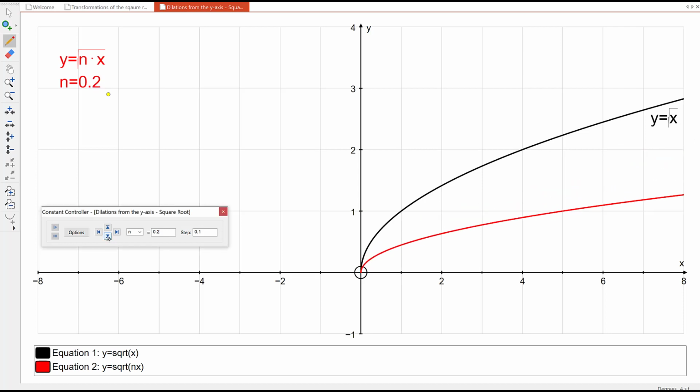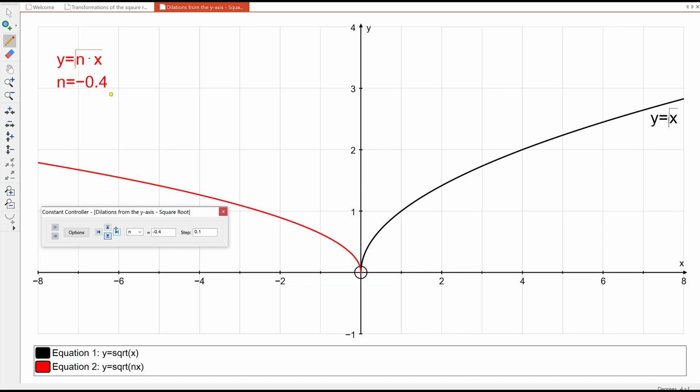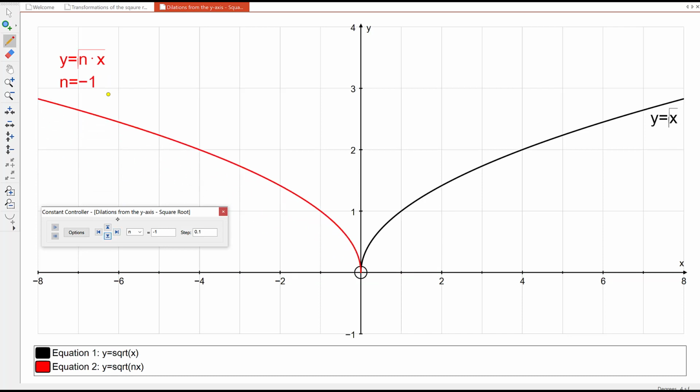If I continue to make n smaller, it continues to stretch further away from the y-axis, so it becomes flatter. If n is 0, obviously the square root of 0 is 0, so that's not a square root function at all, that's trivial. But when n is negative, let's make it -1, we see that that is indeed the reflection in the y-axis.